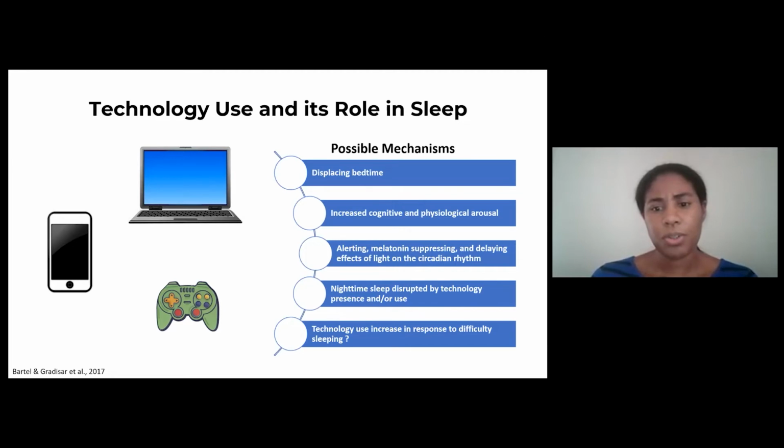People have also studied the alerting effect and the melatonin suppressing effect, the ability of this light to suppress the evening rise of your melatonin, and even the circadian phase shifting or delaying effect as well. But I guess the actual impact of the light on sleep itself is a little shaky.